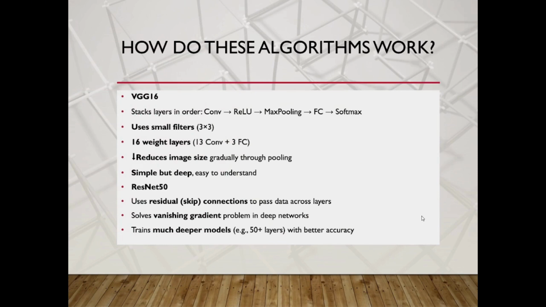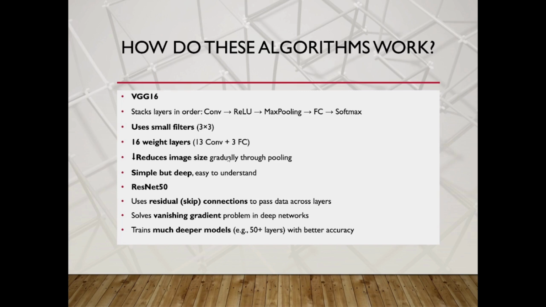So how do these algorithms work? For VGG16, this model uses a clean stack approach from convolutional to ReLU, max pooling, fully connected, and softmax. It uses small 3x3 filters for capturing fine image detail with high efficiency, and it contains 13 convolutional layers and 3 fully connected layers.